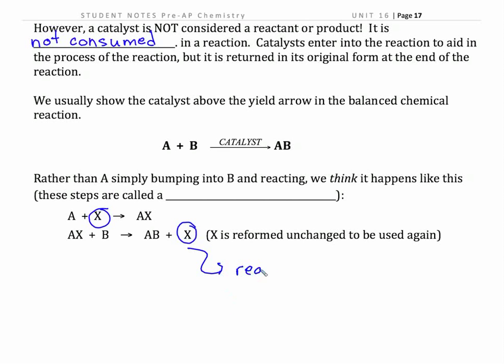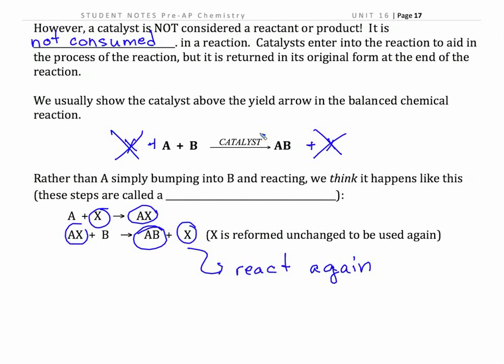And then it can go on to react again. Just like a matchmaker can bring two together, gets real involved in the process for a while, but then eventually is freed up. The match is made, and the matchmaker can go on to make another match. So it's not consumed. And so we don't put it on this side. It'd be kind of awkward. It's kind of like algebra. Things that show up on both sides are canceled.